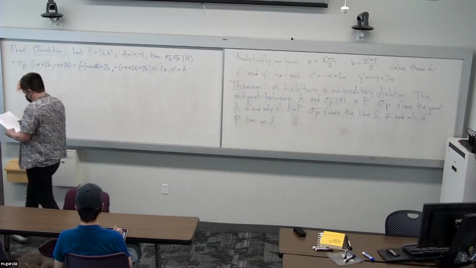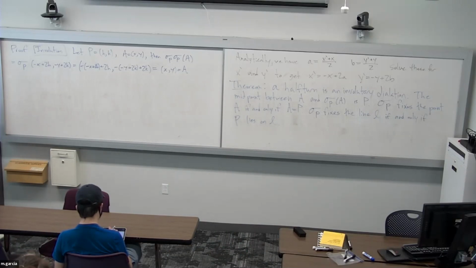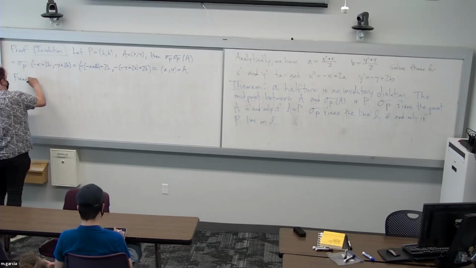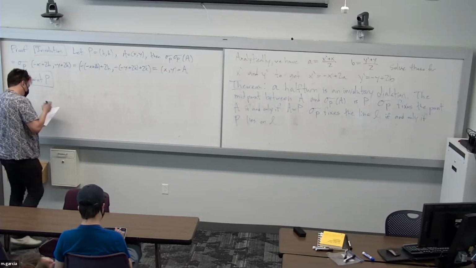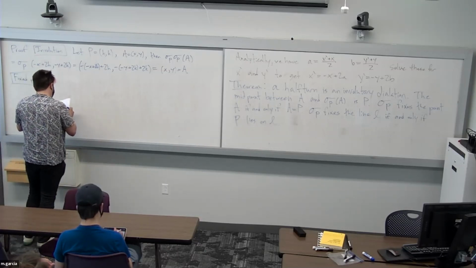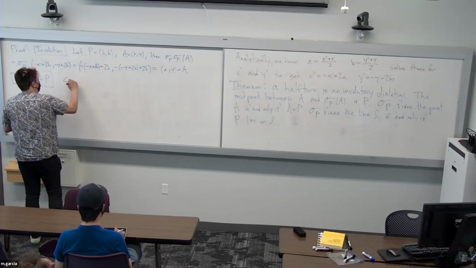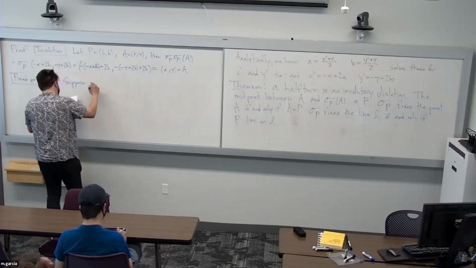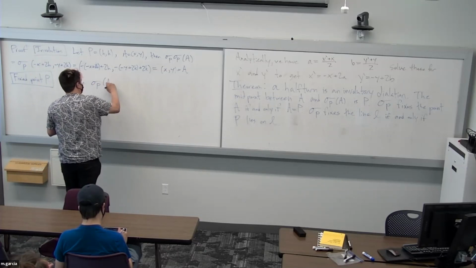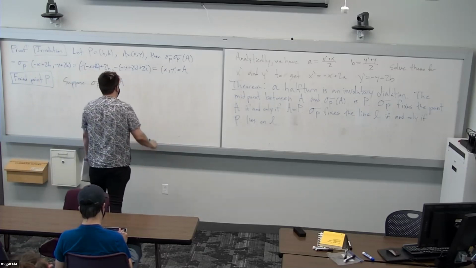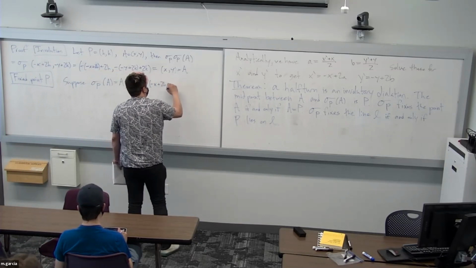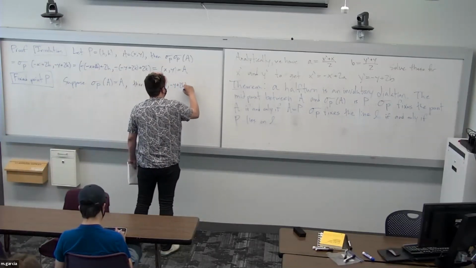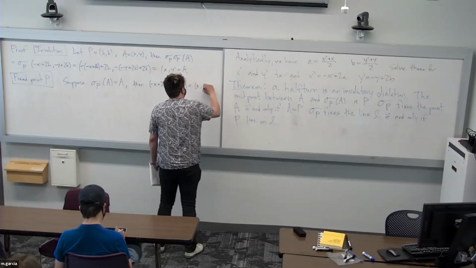Okay. So, let's see. Fixed point P. Okay, so let's suppose that sigma sub P of A is equal to A. Then put another way, this means that negative x plus 2h comma negative y plus 2k is equal to x comma y.